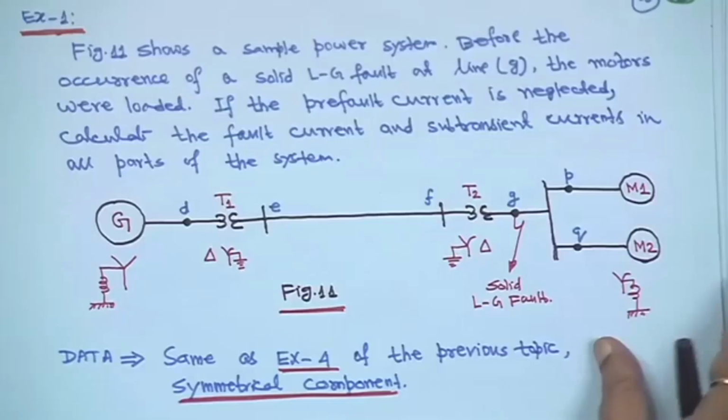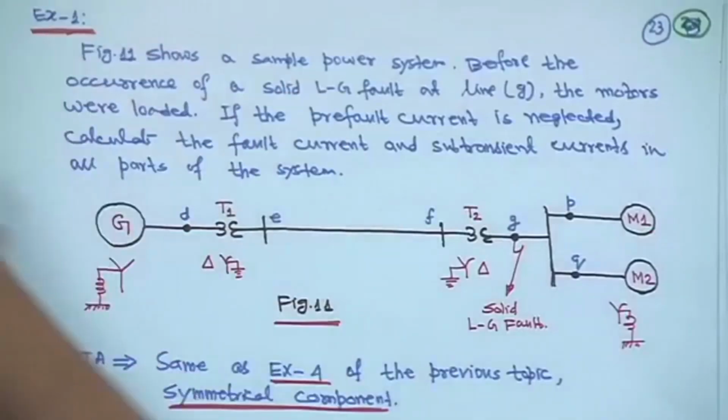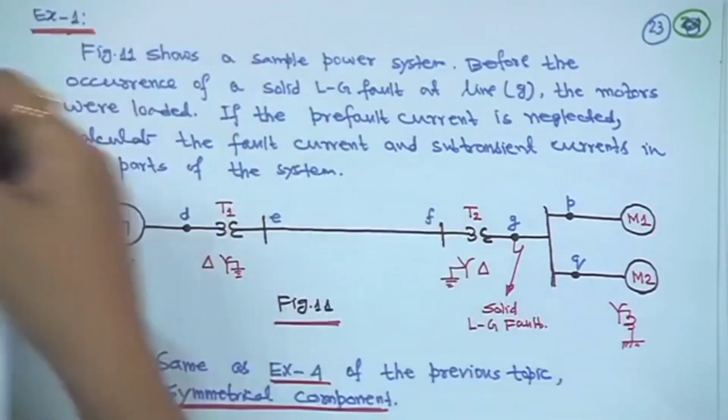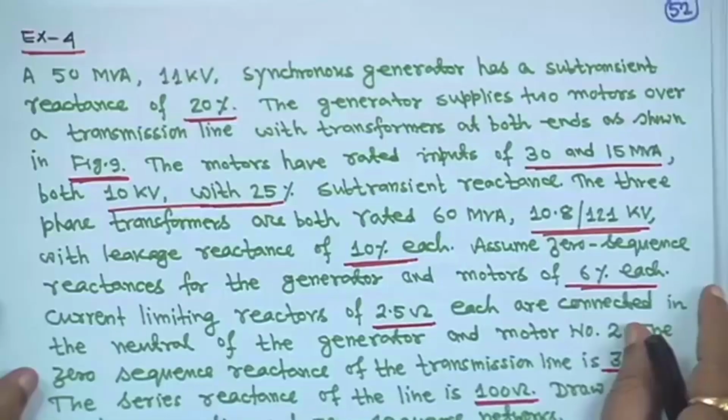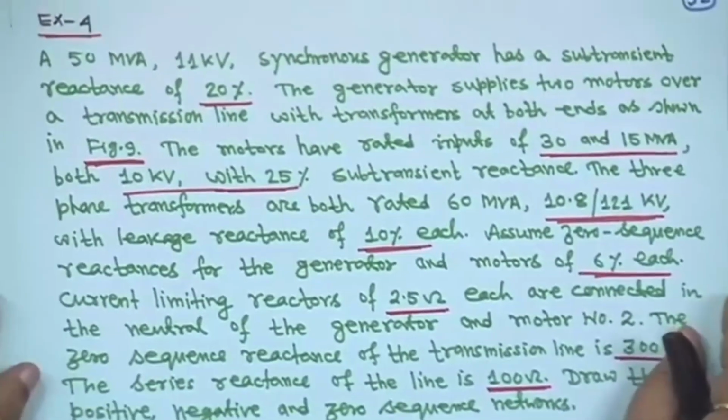Now, what we will do is take this example from your previous symmetrical component topic, because then it will be easy for you to understand. This is the same example 4 of symmetrical component, where details have been given.